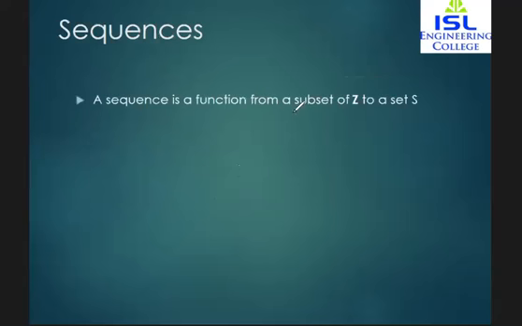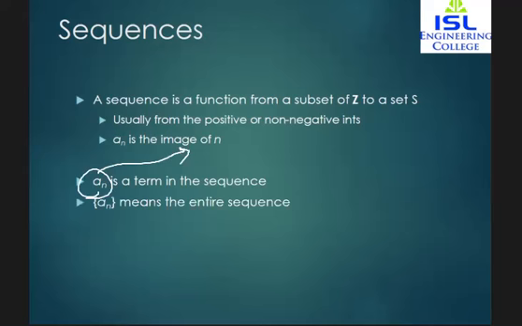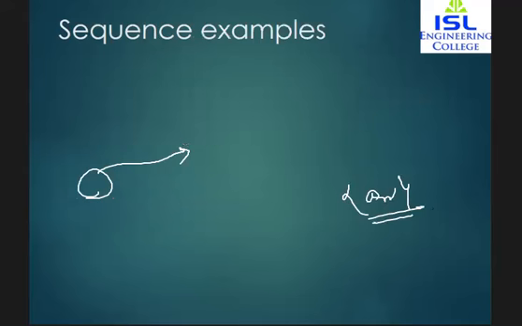A sequence is a function from a subset of Z to a set S. Okay, so from integers to a set S, usually from the positive or non-negative integers, and an is the image of n. What do you mean by an? An is a number in your sequence, and when you write an in brackets, it means your entire sequence. So the same notation as sets.